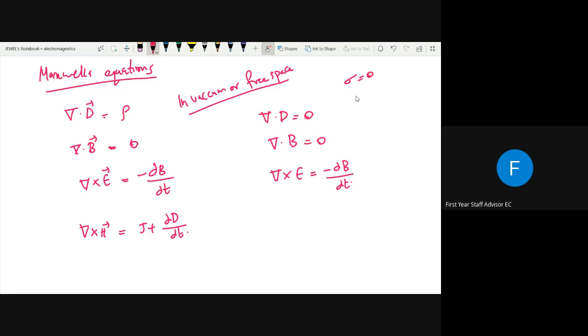If sigma equals 0, then the conduction current density J, which we know equals sigma E according to Ohm's law, should also be 0. So J equal to 0. So Maxwell's fourth equation can be rewritten in vacuum or free space as del cross H is equal to dou D by dou t.